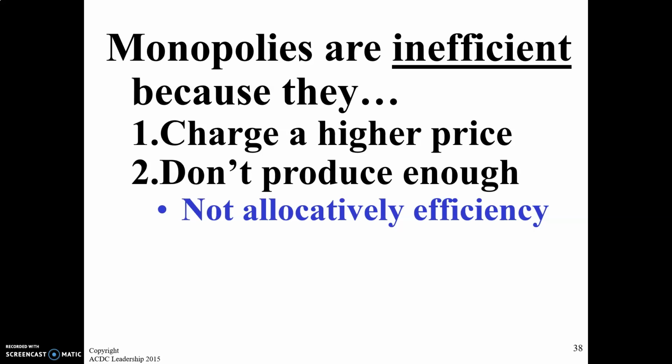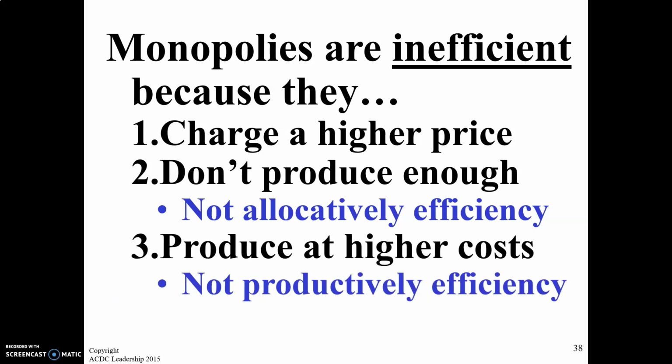So they don't produce enough of the product that society wants. Like we would all like more diamonds from De Beers, but they don't produce enough. They cause artificial scarcity, which drives up the price of their product, and so on and so forth. And then three, they produce at higher cost. All right. So for these reasons, we can say that they aren't efficient. We're going to look at it on the graph here in just a second. But the biggest thing is they don't produce what society wants, and they don't produce it at their lowest cost.